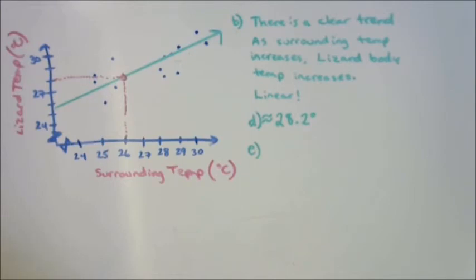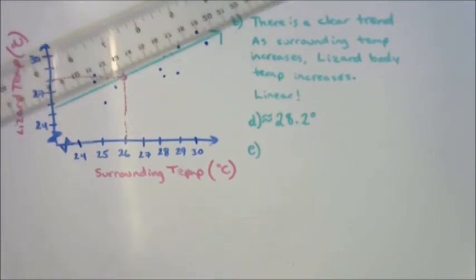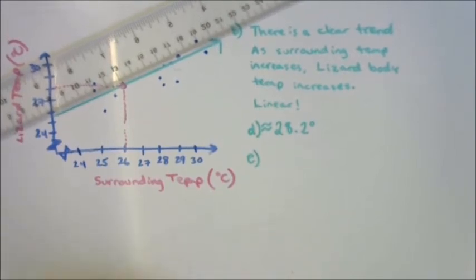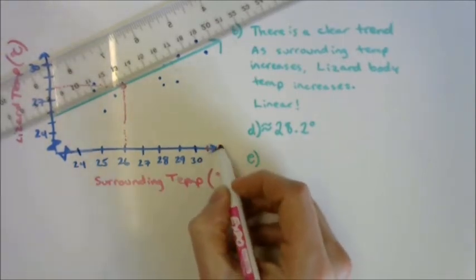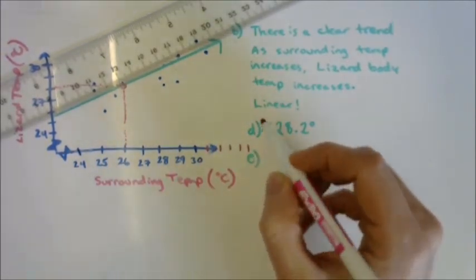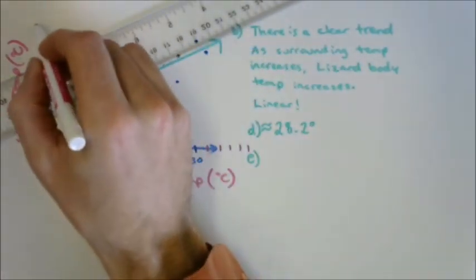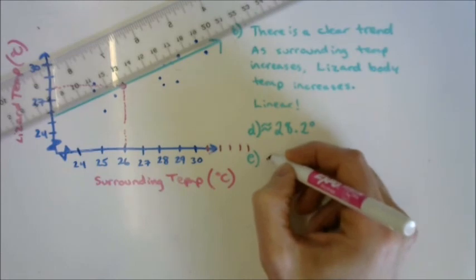Extrapolation. So now our graph probably isn't quite big enough, but if you extended your line of best fit beyond the graph, and you kind of thought, okay, 35, this would be 31, 32, 33, 34, 35, and now we're looking all the way up and across. I'd say it would be like 37.